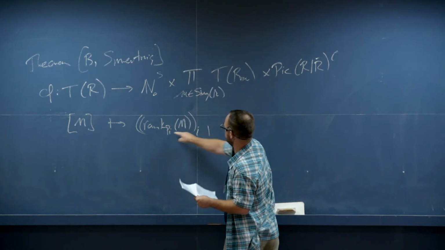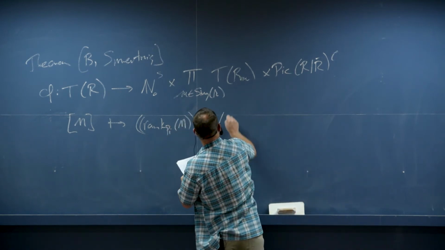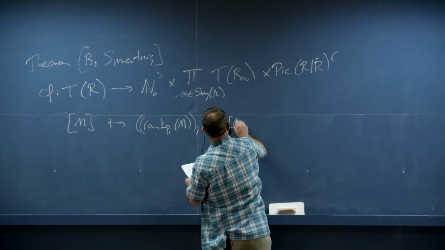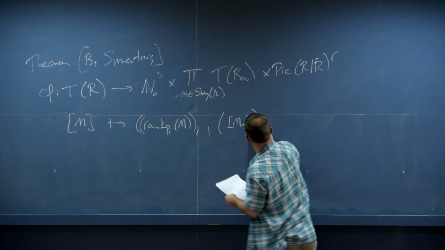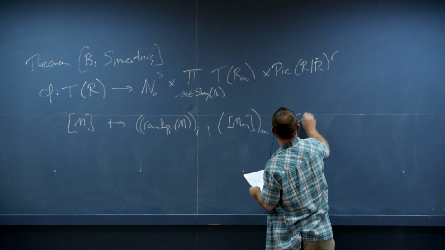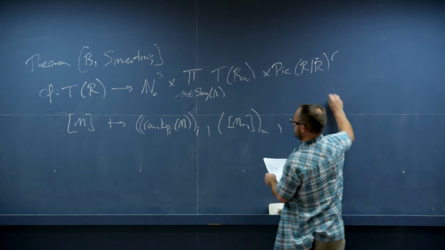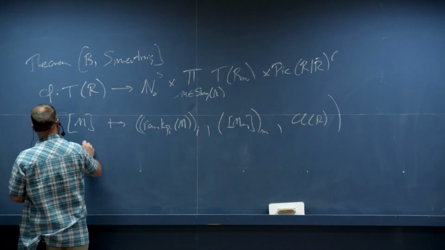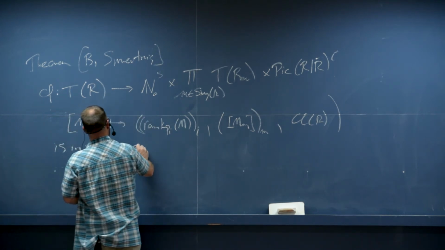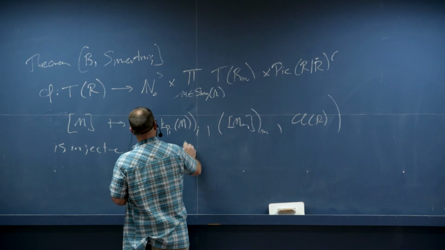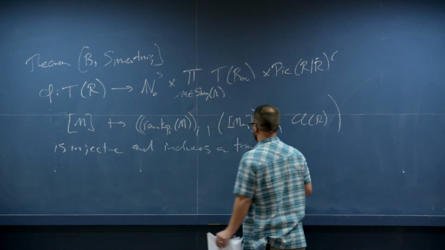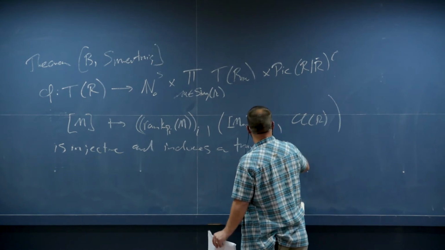So you have an S-tuple of ranks, and then you localize the module, and then we have the class of R. So this is injective and induces a transfer homomorphism, preserving lengths of direct sum decomposition.